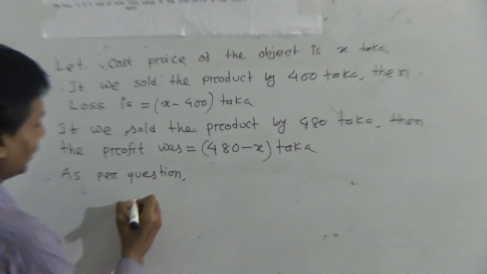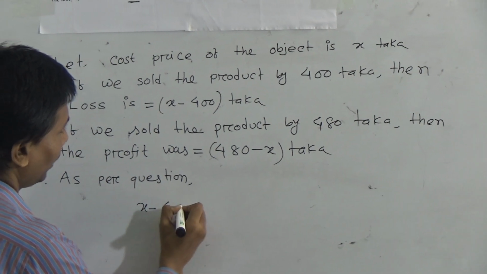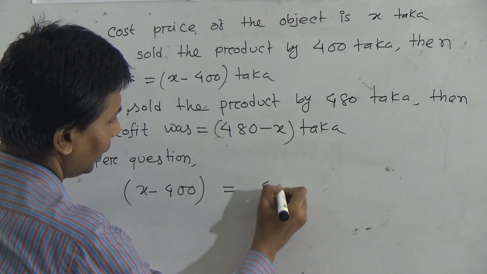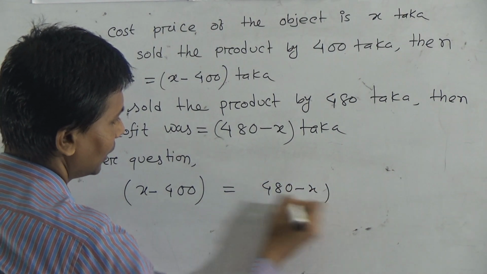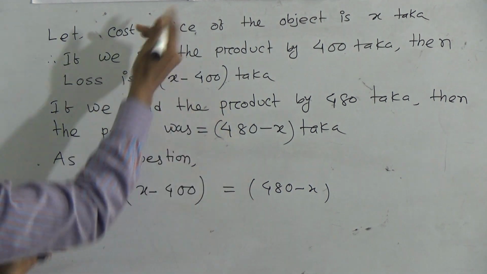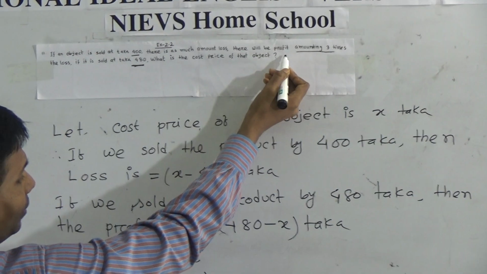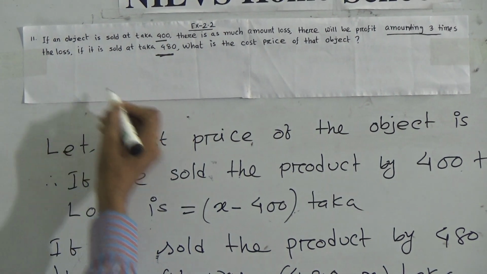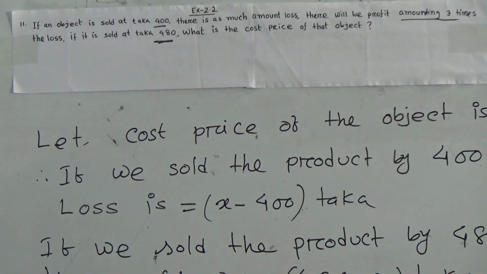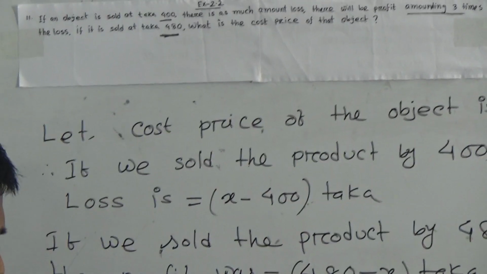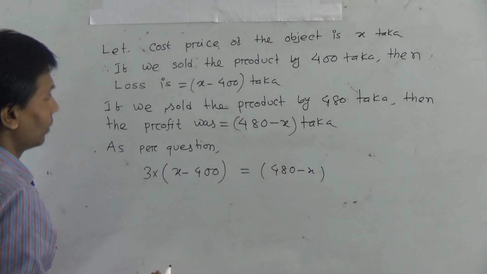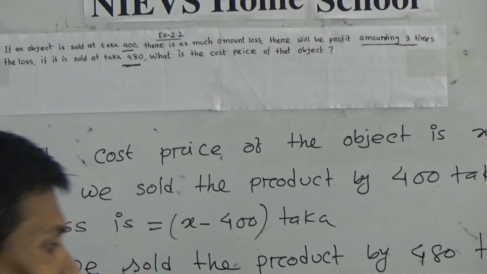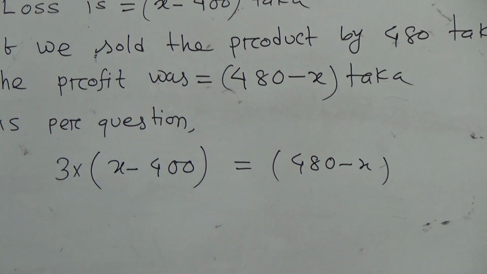That means you write x minus 400, and this is 480 minus x. This is the loss amount and it's 3 times, that means multiplication by 3. Then when it is sold at 480 taka, this will be the profit. Okay, this is the condition.